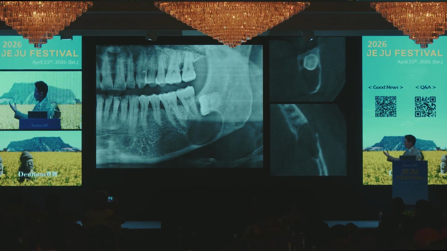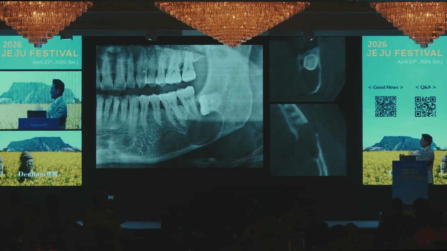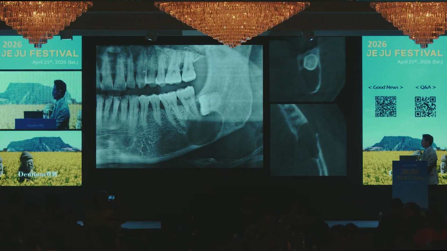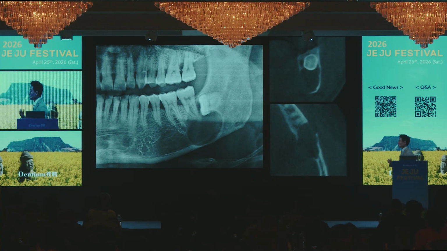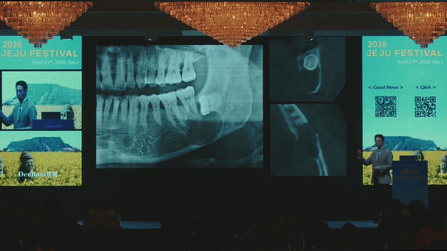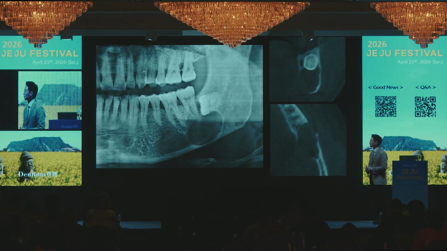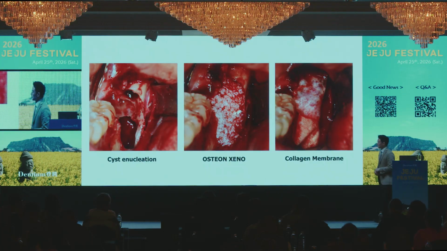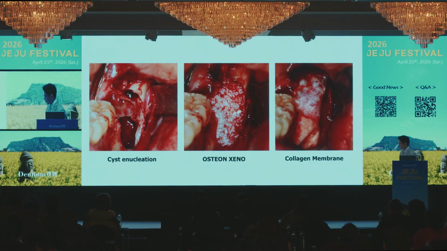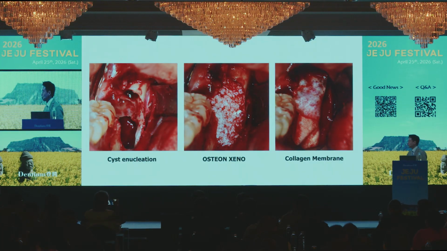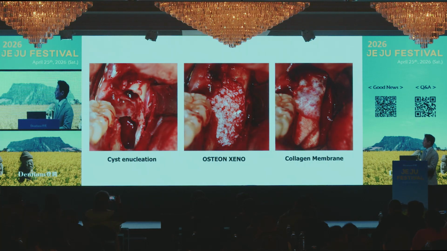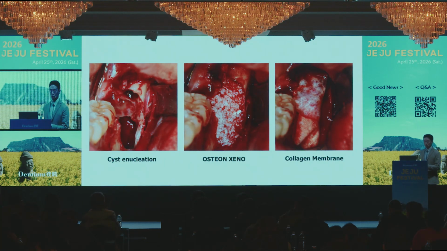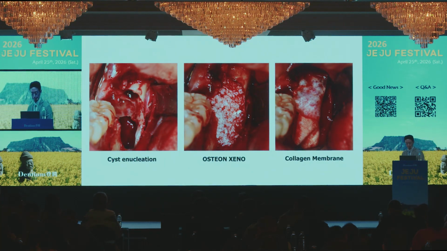This patient presented with a suspicious dentigerous cyst at the left lower third molar area. I decided to remove the third molar with cyst enucleation. After cyst enucleation, I did bone grafting with Osteon Geno, and the grafted bone particle was covered with collagen membrane.